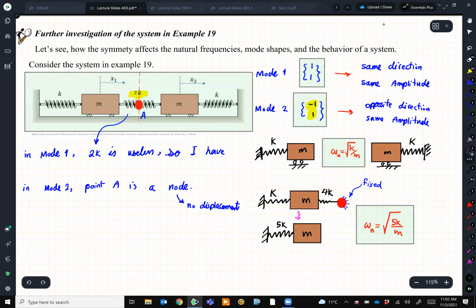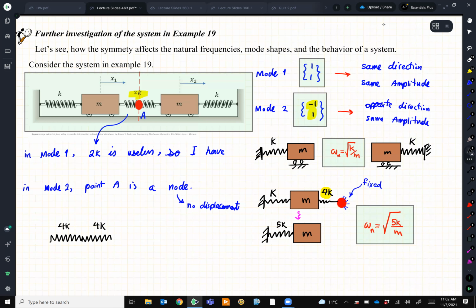Somebody asked, maybe I move fast, why it is 4K? Okay, so if we have a spring and you cut it in half, the stiffness will double. Do you agree? Let's say I have a spring with stiffness 4K, and another spring with stiffness 4K.